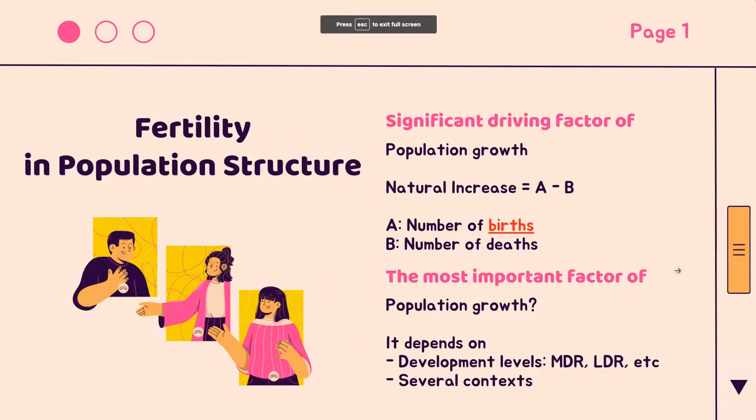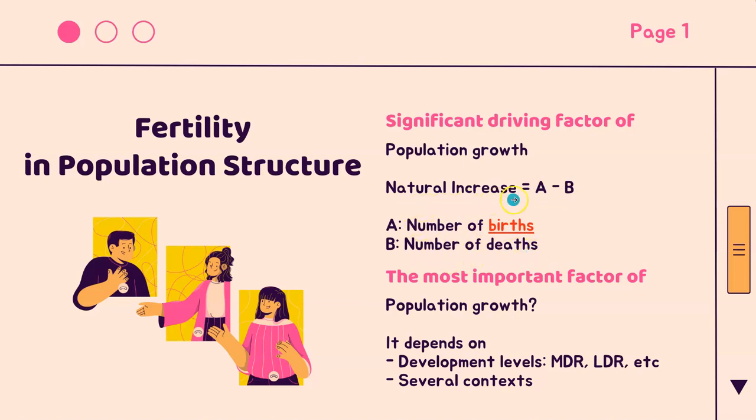So the fertility. In the previous lectures, I mentioned that population studies, or demography, examines the population change, the population composition, and other changes in the relationship and others. You could see that the natural increase of the population was calculated as the number of births, usually the number of live births, minus the number of deaths.